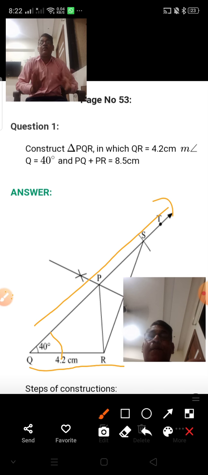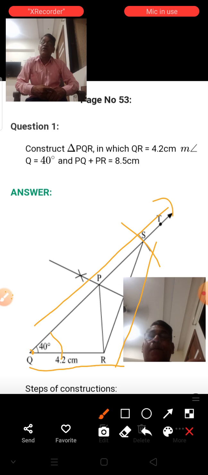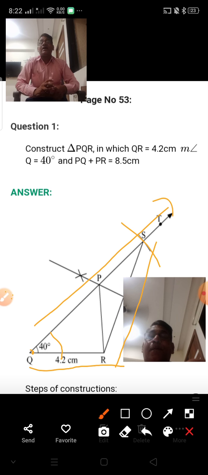Then after that you have to join SR. When you join SR, then you have to draw the perpendicular bisector of SR. It means you have to keep the compass on R, take a distance more than half of SR, and draw an arc here, and similarly an arc here also.